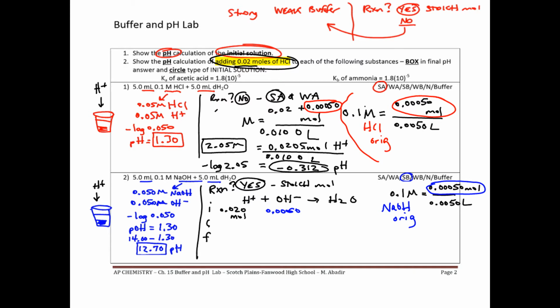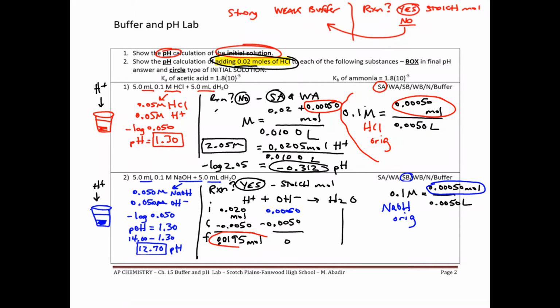We don't care about the water right now. The one running out is going to be the OH minus, so 0.0005 minus 0.0005. When you're all done, that's 0. And you're going to take 0.02 minus that, and you're going to get 0.0195. That's giving me the moles of extra H plus.